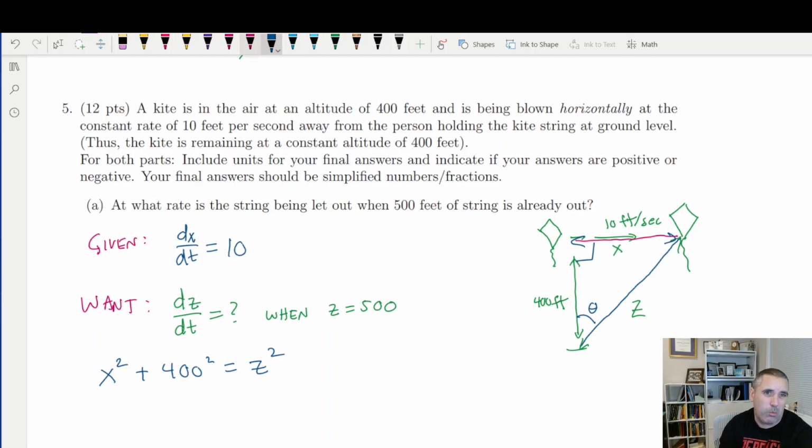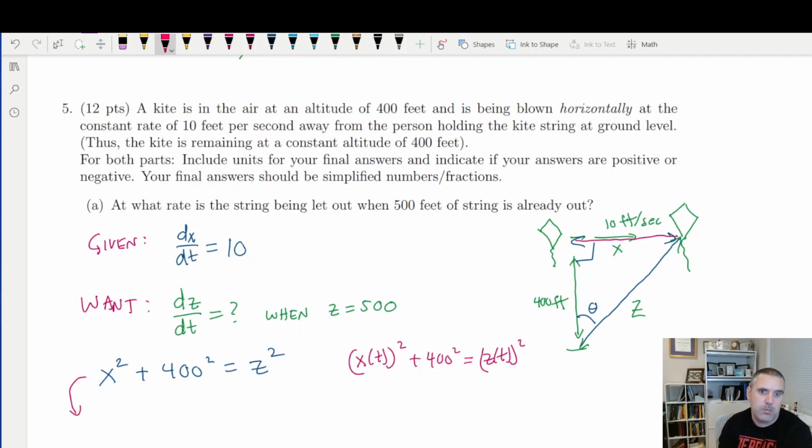And the moment we write that, we're essentially done. Both of these are changing. Don't plug in any numbers yet. Now differentiate and think of these as changing functions. So in our head, we're thinking this. We don't usually write this. And we're just using the chain rule. This equals... And we're just differentiating.